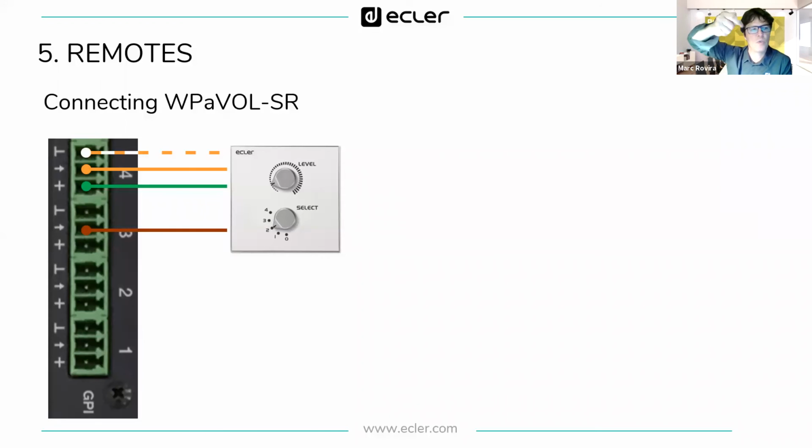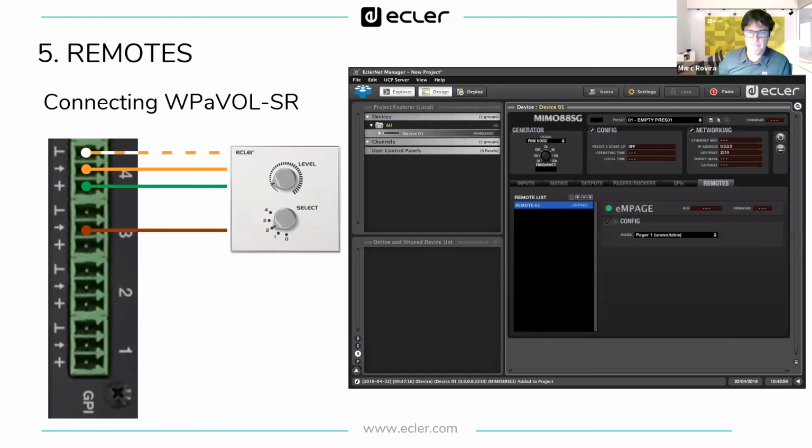So we want to affect the cross point in the matrix, a different cross point depending on what we have selected here. So we should have like a dynamic event, but it's not like that. We have to create a remote. Let's see it.